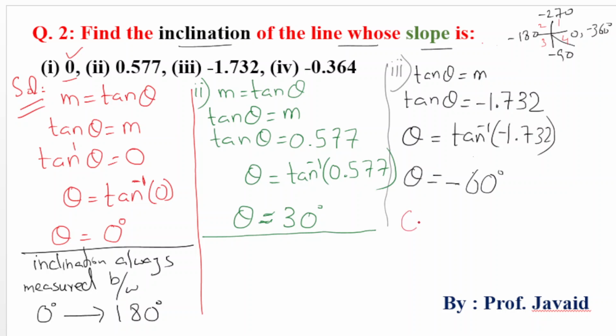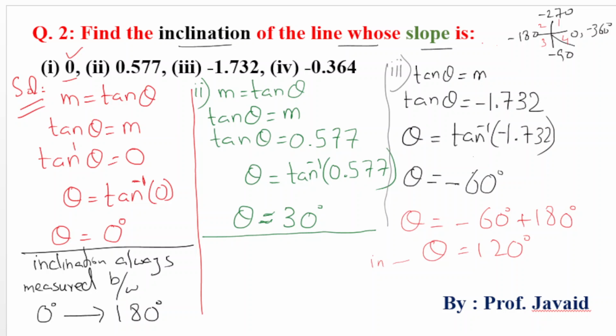So we get theta is equal to minus 60 plus 180. That will be theta is equal to 120 degree, and this is called the inclination. Okay, so we have found all of it.